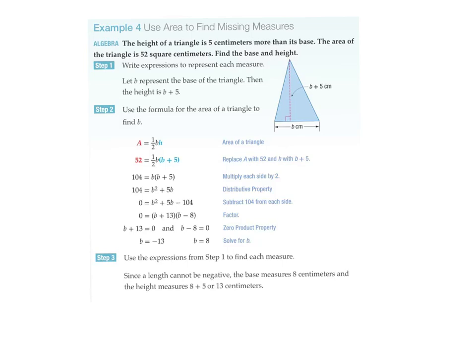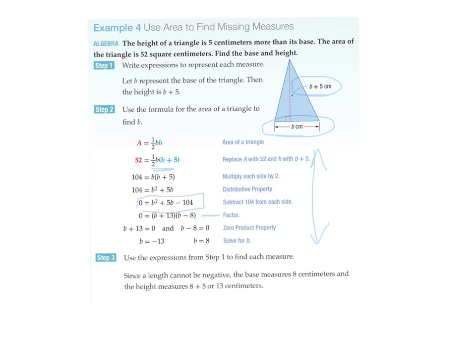And in example 4, it's not going to be straightforward. We're told that the base is b and that the perpendicular height is b plus 5. So as you can see, you've got a little bit of working to do here. When you substitute in and solve this, you actually finish up with a quadratic. Unfortunately, this time you can simplify it using factors.